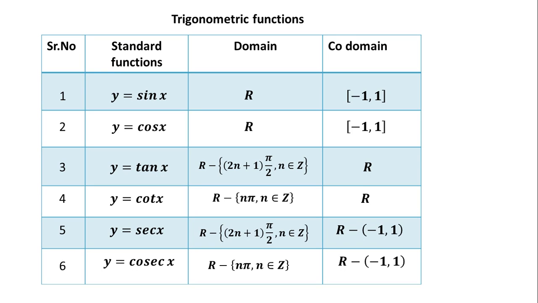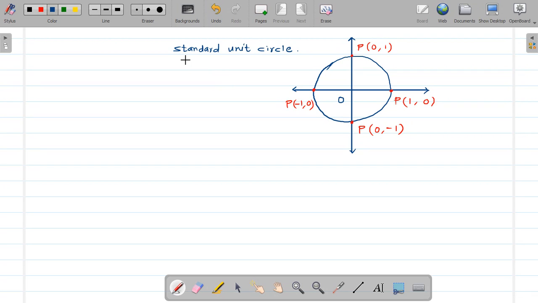So let us see now. Earlier we defined all the trigonometric functions on the standard unit circle. So see here, this is the unit circle. Unit circle means having radius r equal to 1. That is called a unit circle.